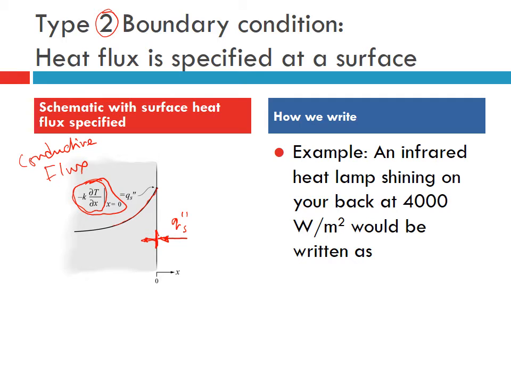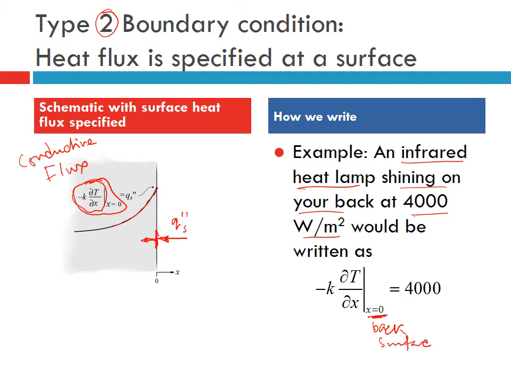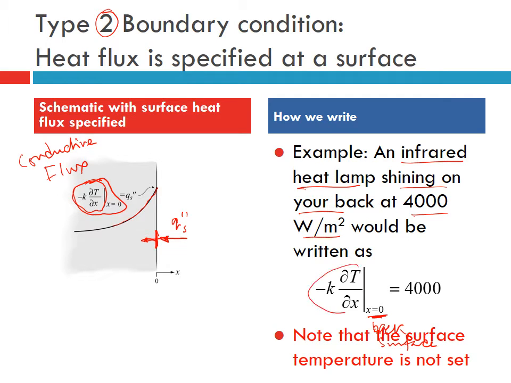An example would be an infrared heat lamp shining on your back at 4000 watts per meter square. That would be written as minus k dT/dx at x equal to 0. So x equal to 0 is your back surface, and minus k dT/dx is the flux.